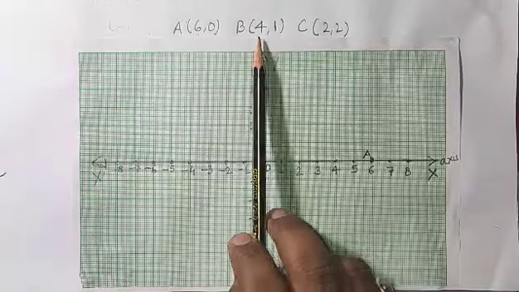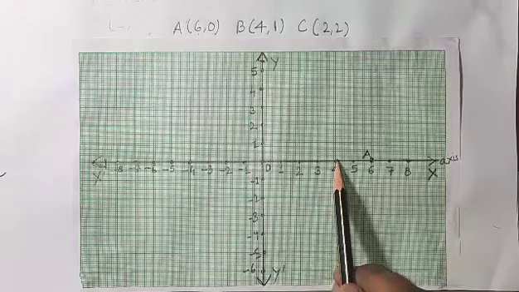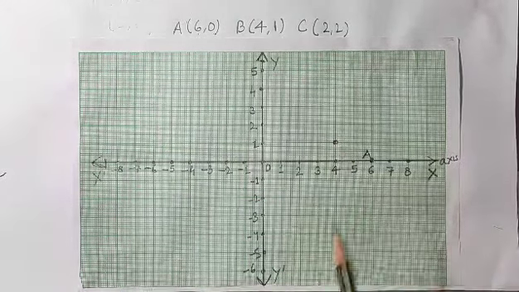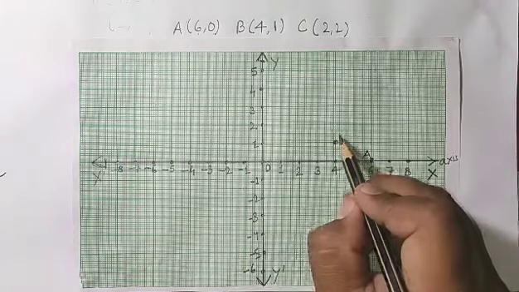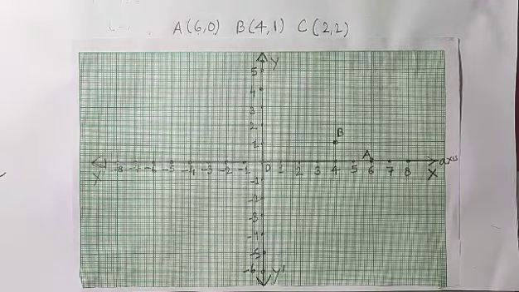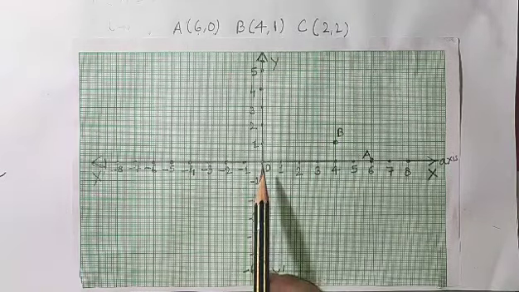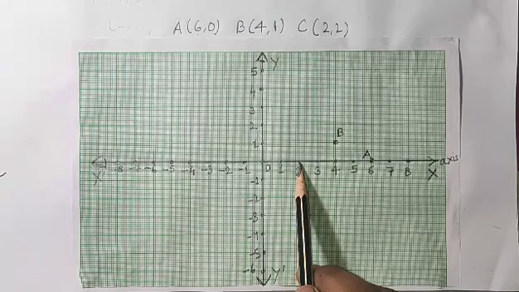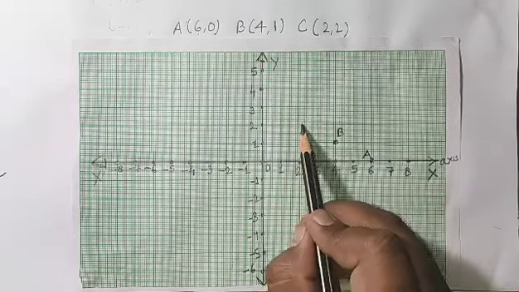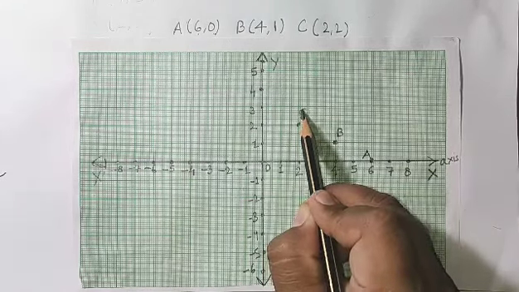Now the second point is 4 comma 1, meaning towards the x direction 4 and towards the y direction 1. So here is our second point. I have given it the name B. And now C is 2 comma 2. So 2 units towards x and 2 units towards y. So it is your point C.